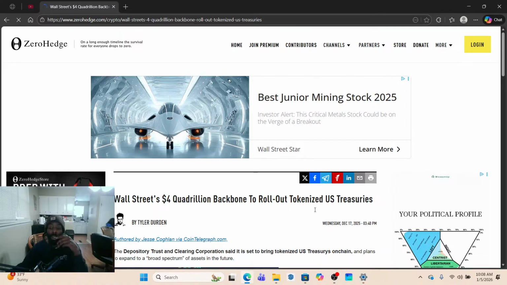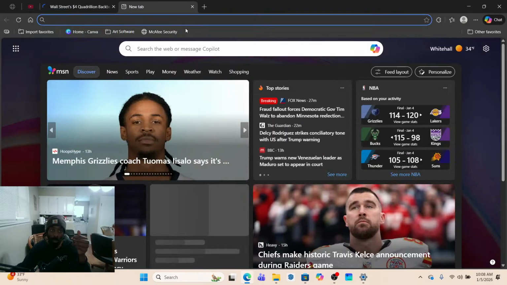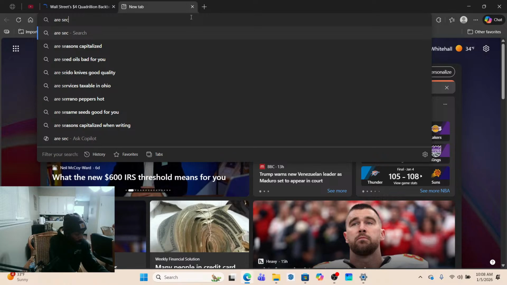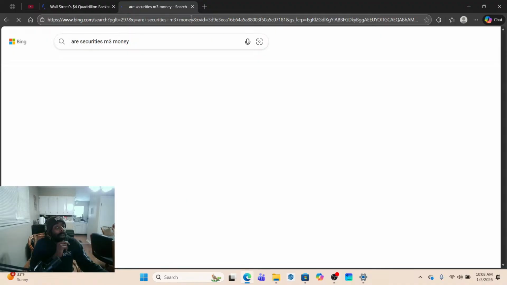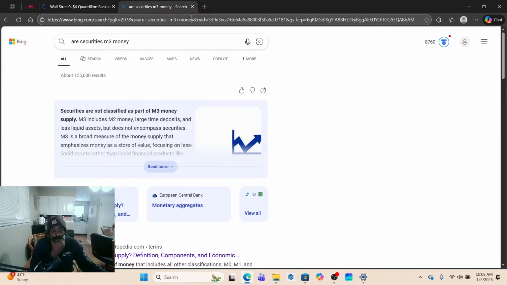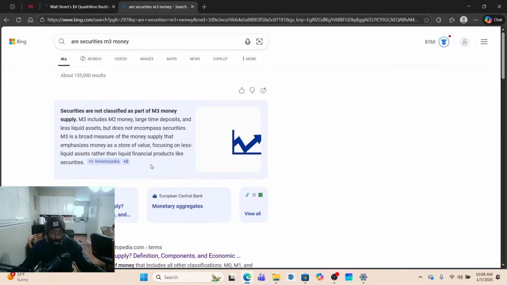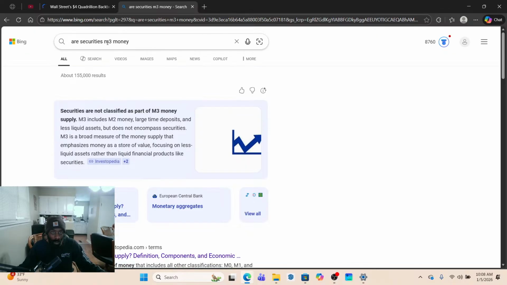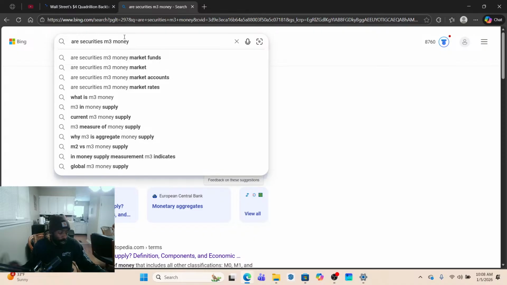Well, let's look it up. Guess. You got a computer in front of you. So securities are classified as possibly M2 money.